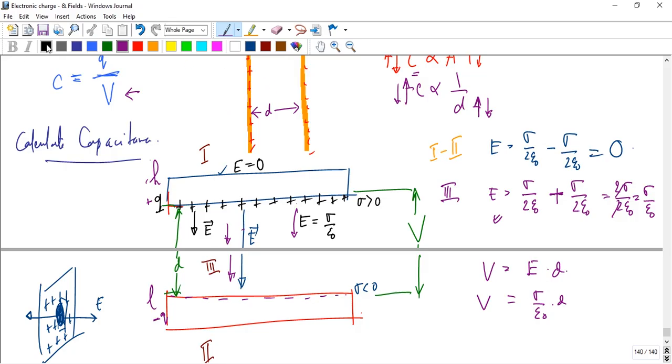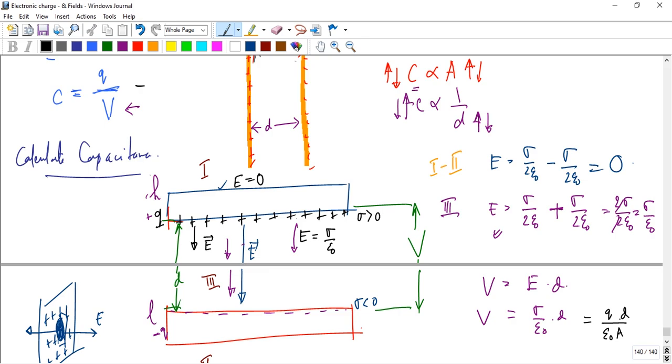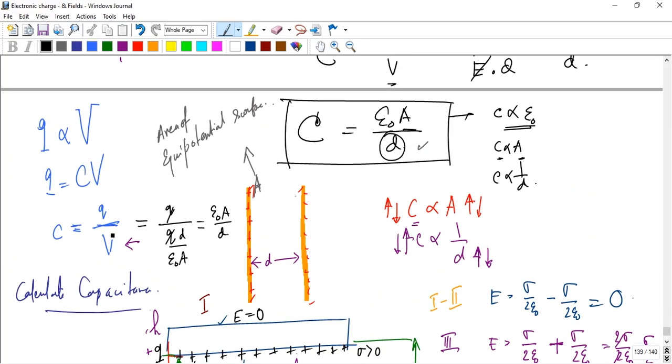Sigma equals Q over area, so V equals Q over epsilon naught A times D. Now putting this V in Q over V, we get Q over V equals epsilon naught A over D, since the two Qs cancel. We check that these two values are the same: C, the capacitance, equals epsilon naught A over D.